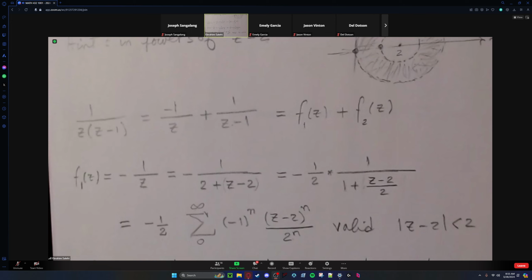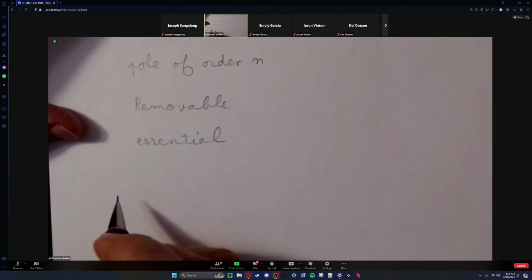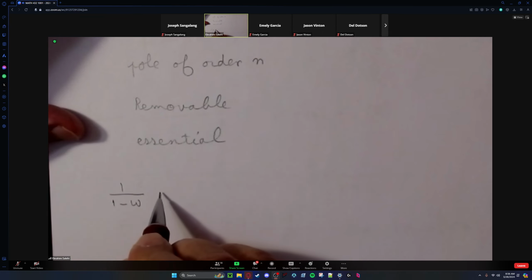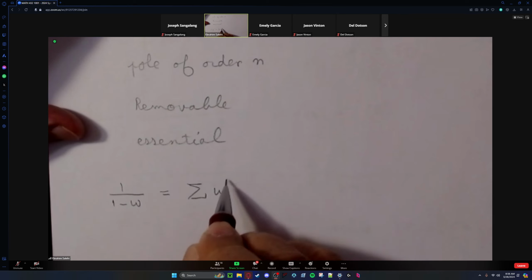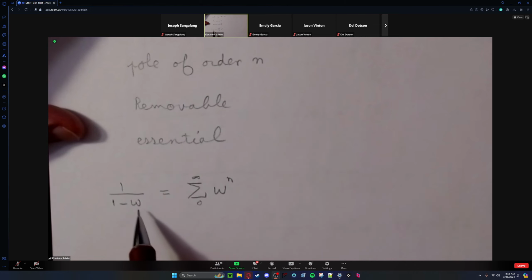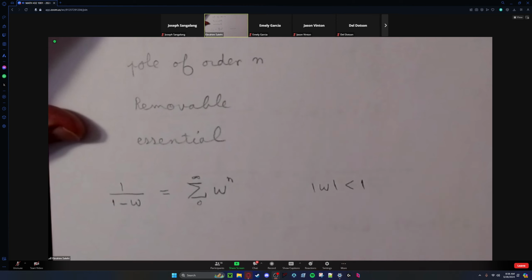However, okay, be careful now. However, geometric series looks like this. Here is the geometric series that we use. This is geometric series, sum from zero to infinity, and the modulus of W has got to be less than 1.